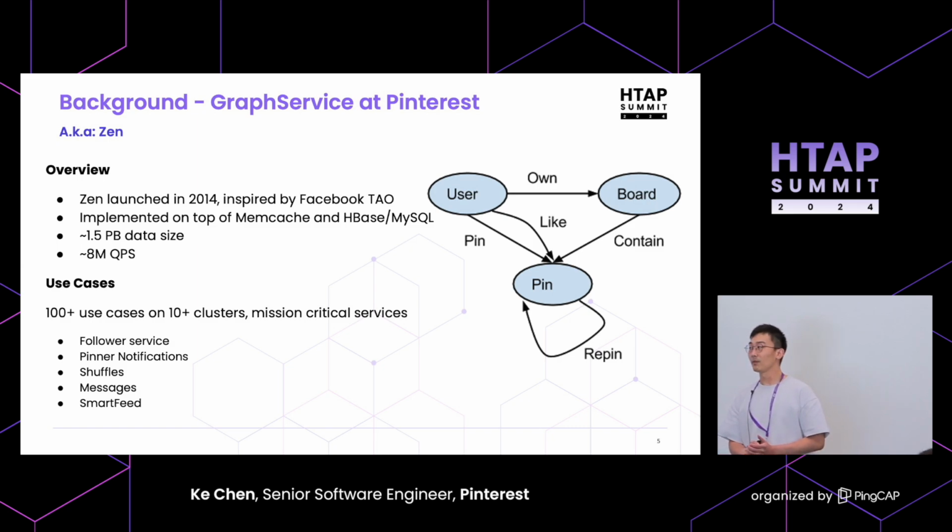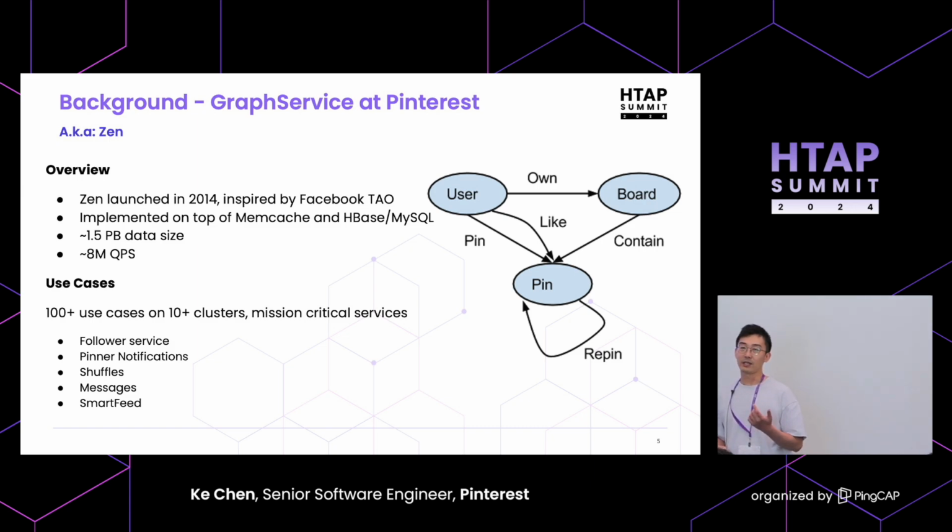So a bit about the background and history of our existing graph service. We call it Zen internally. Zen was launched back in 2014 by Pinterest. It was inspired by Facebook Tao to provide graph-like data models such as node and edge.